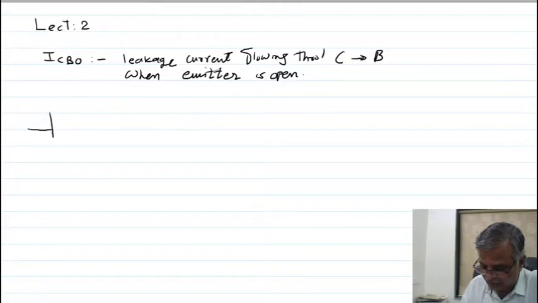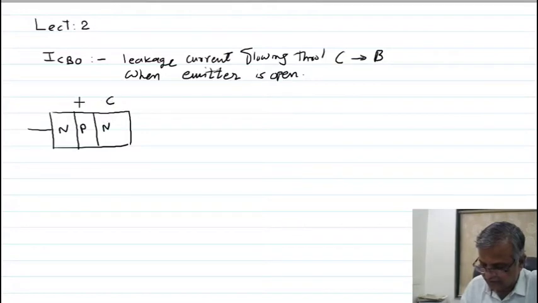This is your common base configuration. I am showing you the common base configuration. This is your N, P and N. This is your collector, this is your base, this is your emitter.